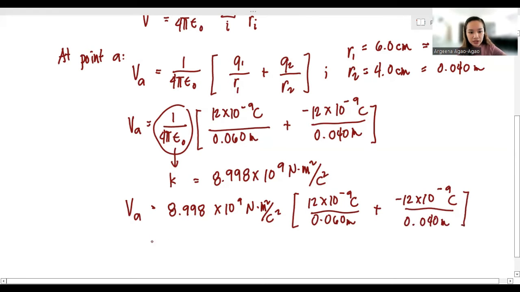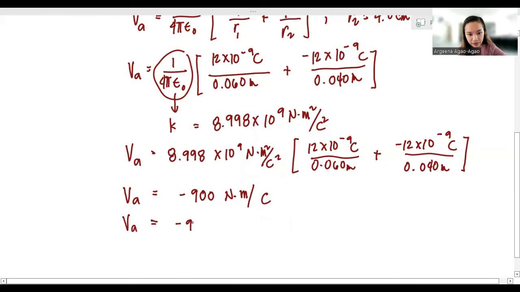So calculating this, we obtain the electric potential for point A, equivalent to negative 900 newton meter per coulomb, or you can write it as negative 900 volts. So take note that 1 volt is equivalent to 1 newton meter per coulomb.